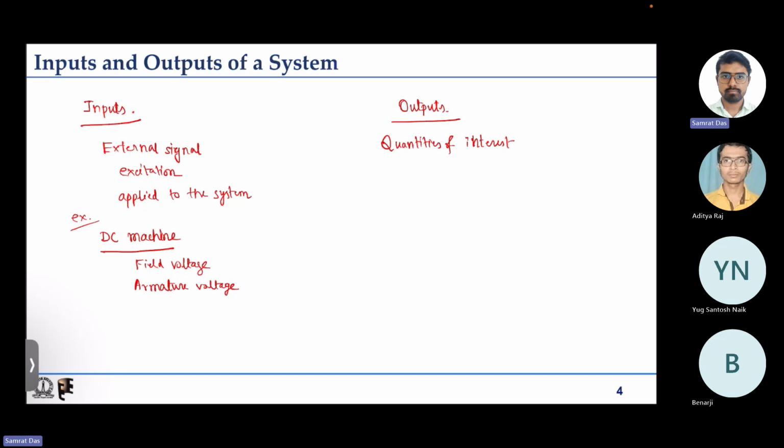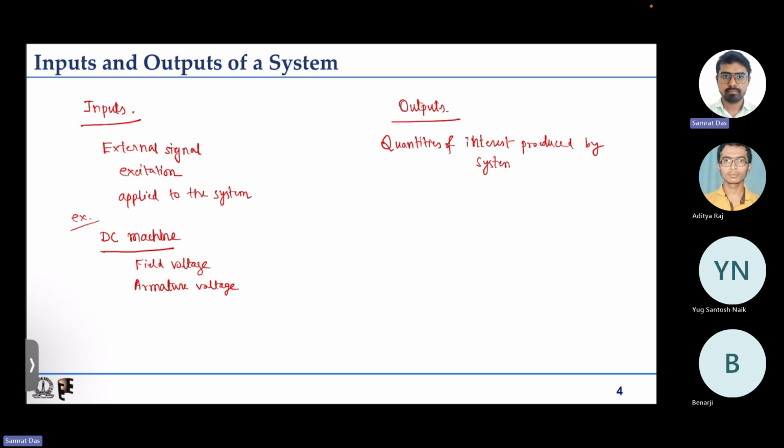For example, we are interested in looking at the speed at which the machine is rotating. So it is some quantity of interest that is produced by the system.